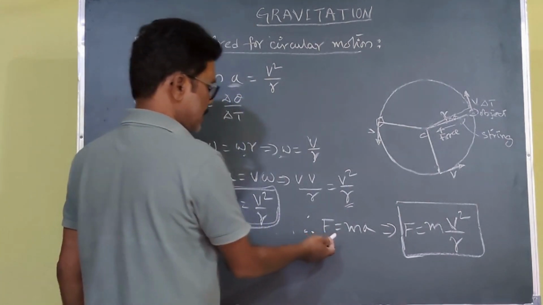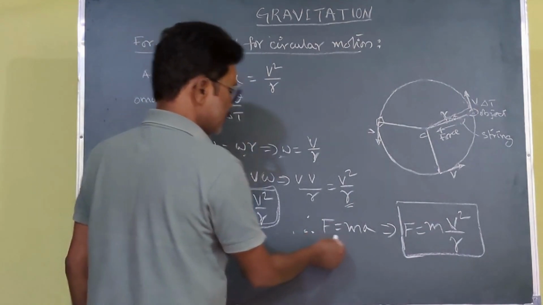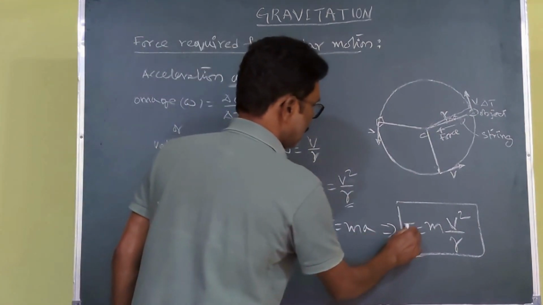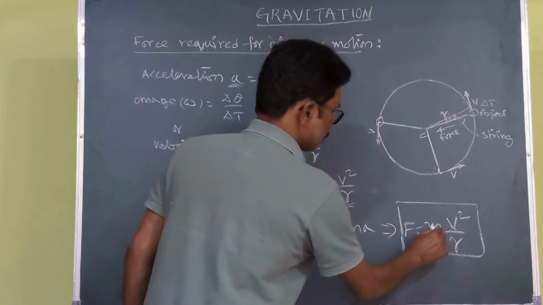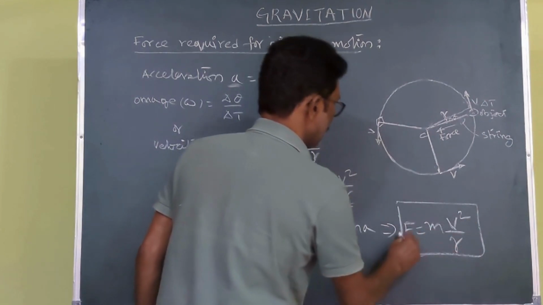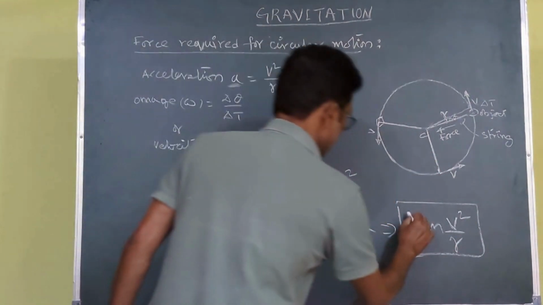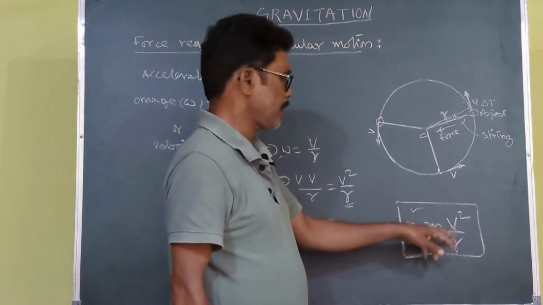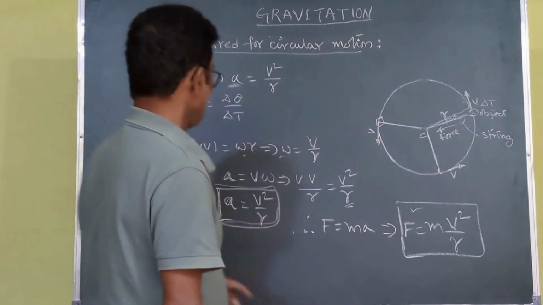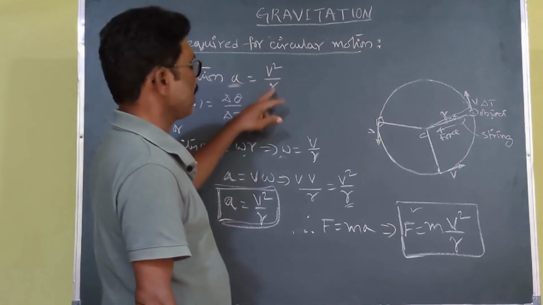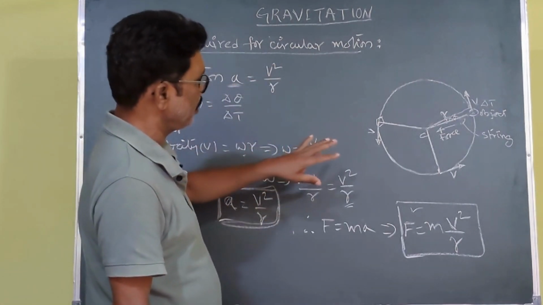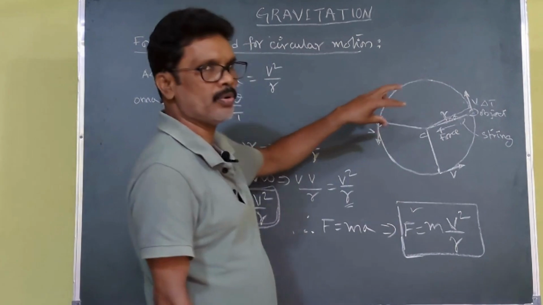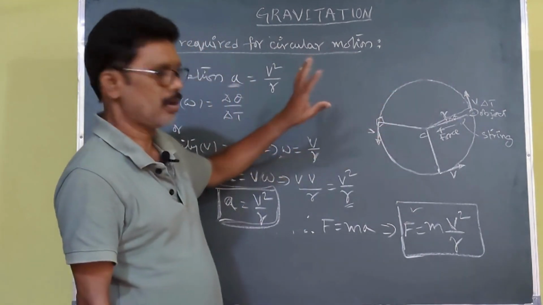According to Newton's second law, force equals m a, so substituting v square by r for a, force equals mass times v square by r. These two formulas, F equals m v square by r and a equals v square by r, are applicable when the object moves with uniform speed in circular motion.